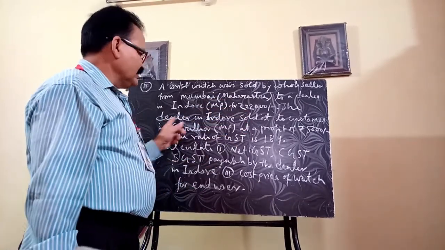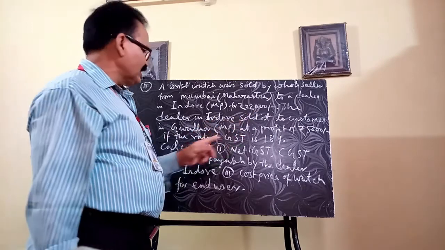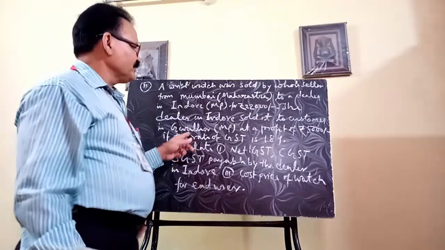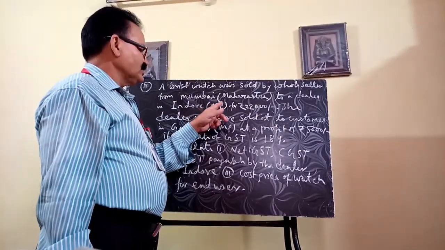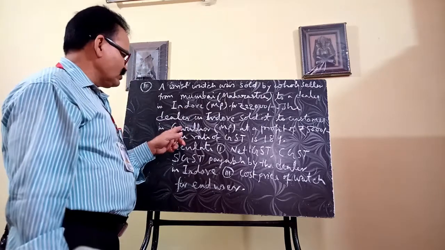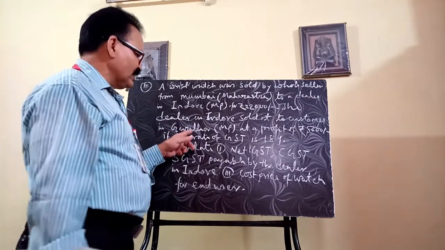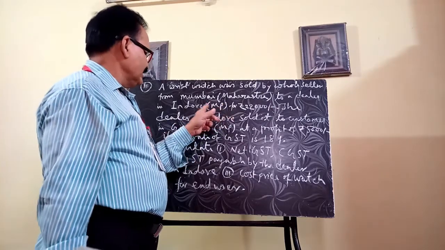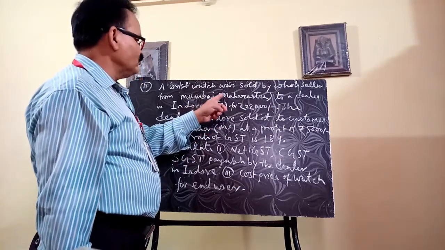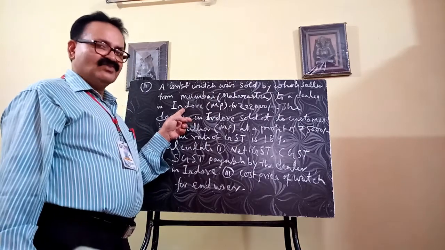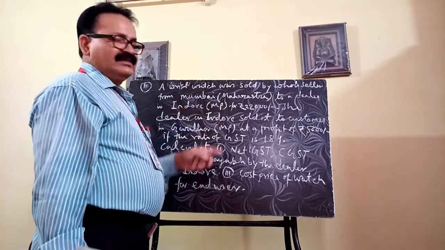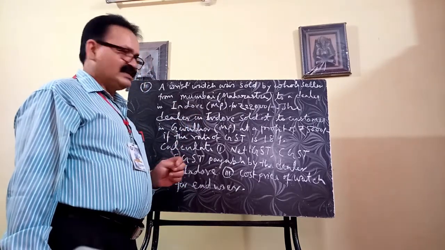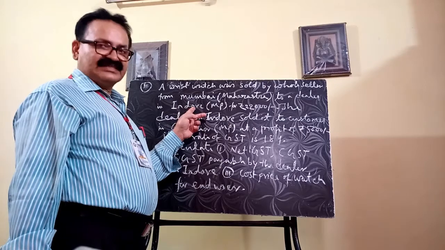The dealer in Indore sold it to a customer in Gwalior. Gwalior is also MP and Indore is also in MP. So here intra-state supply takes place between Indore and Gwalior. But from Mumbai to Indore it is interstate, so here IGST will be the main GST.